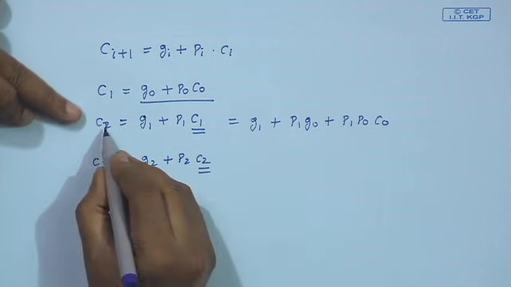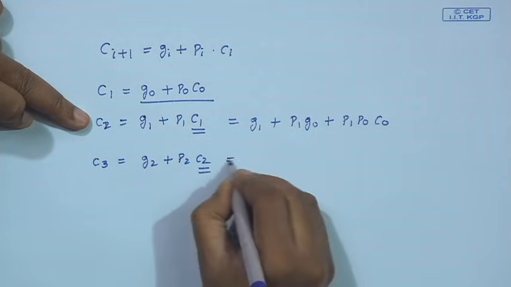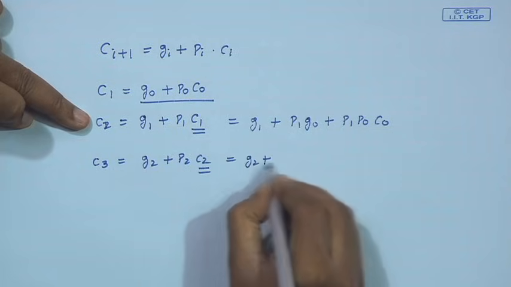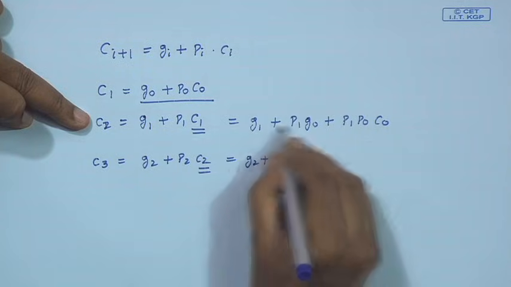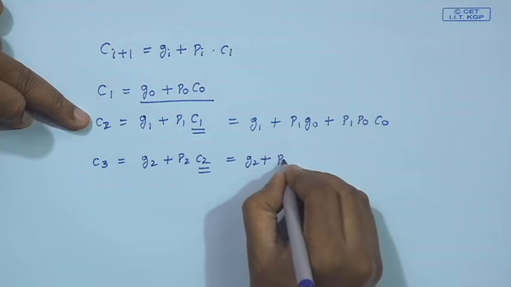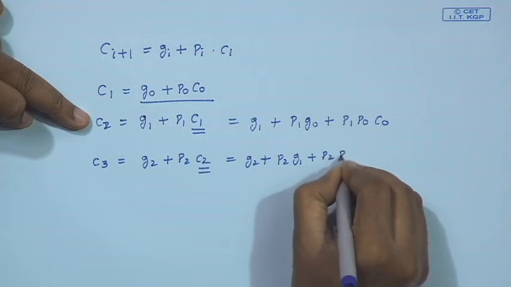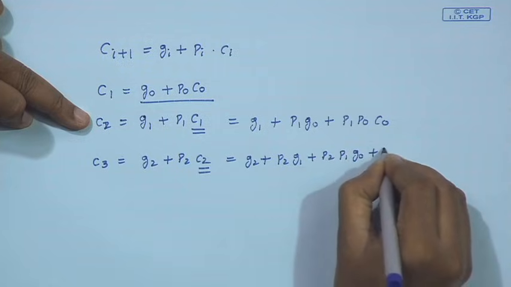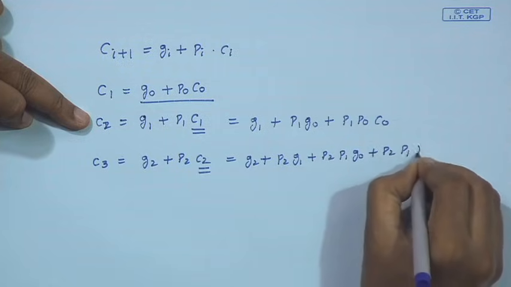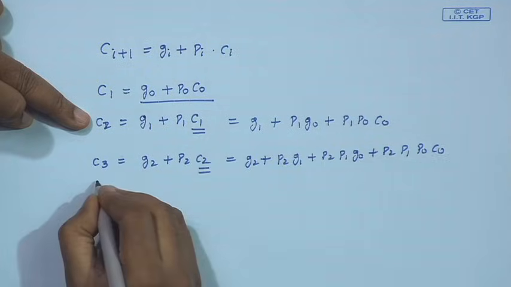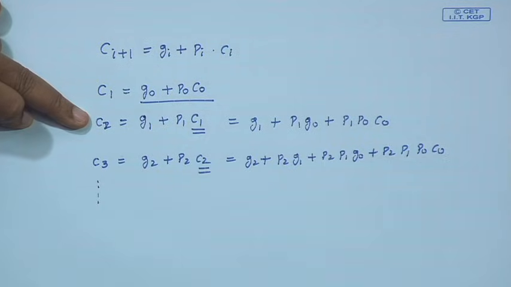Now, c 2 you have already got, so this will be g 2 plus p 2 multiplied by this, p 2 g 1 plus p 2 p 1 g 0 plus p 2 p 1 p 0 c 0 and so on, like this we will be getting the expression.